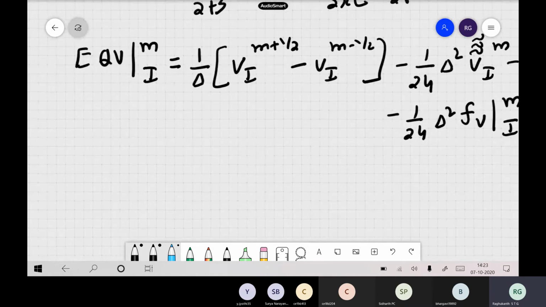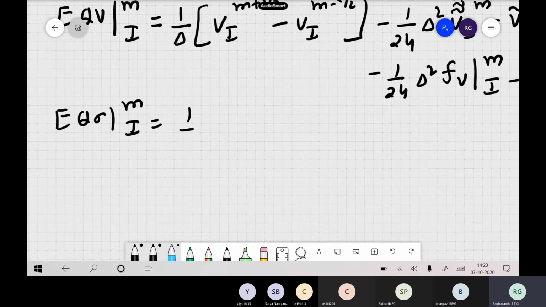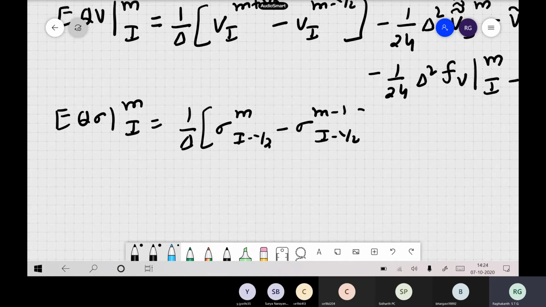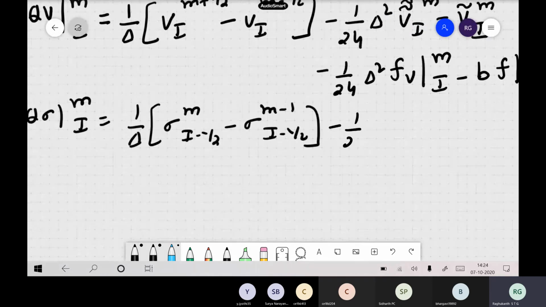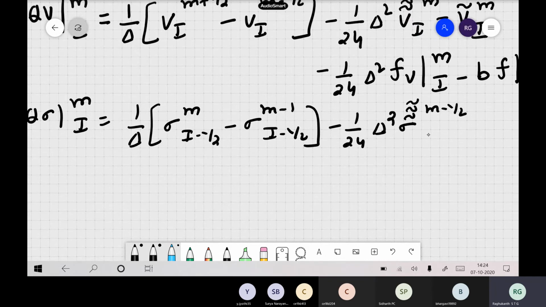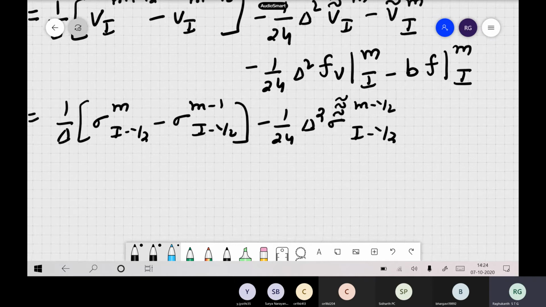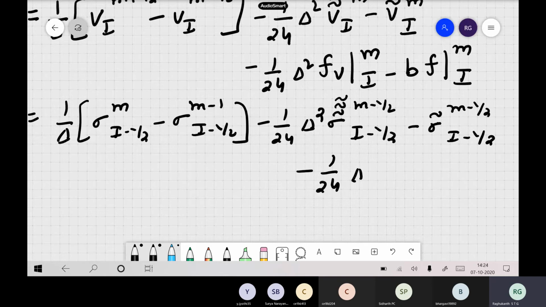Now similarly, if you write for the eq of sigma, we can represent this as 1/Δ, σ_{m,i−1/2} minus σ_{m−1,i−1/2}, plus we have 1/24 Δ² σ hat at m−1/2, i−1/2, minus σ hat at m−1/2, i−1/2, so minus 1/24 Δ² f of sigma, at m−1/2, then i−1/2 actually.